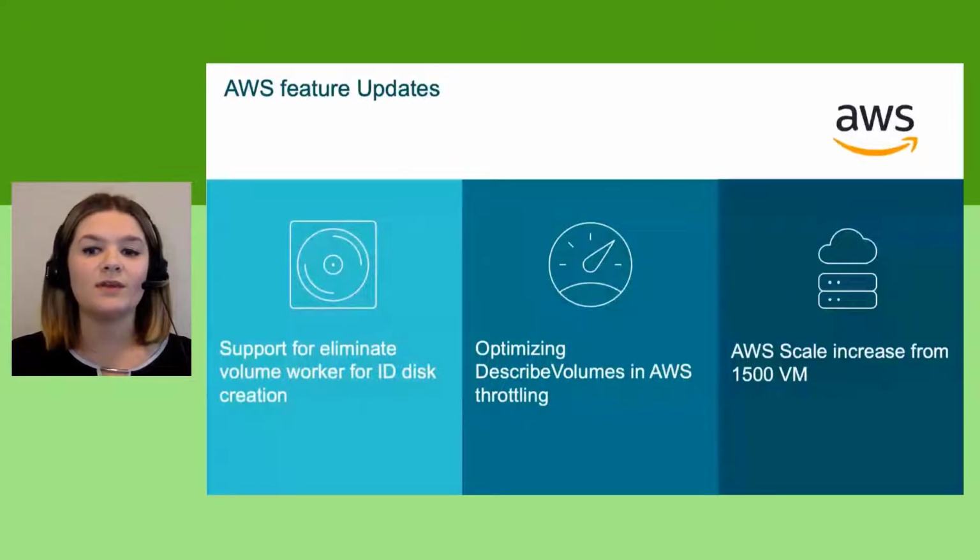In the middle there, you see that as a part of our scale and performance initiatives, we're aiming to reduce the number of describe volume API calls by batching them during power on action. And then lastly, we've increased the number of recommended VDAs per AWS account per region, up from 1,500 to around 3,500.